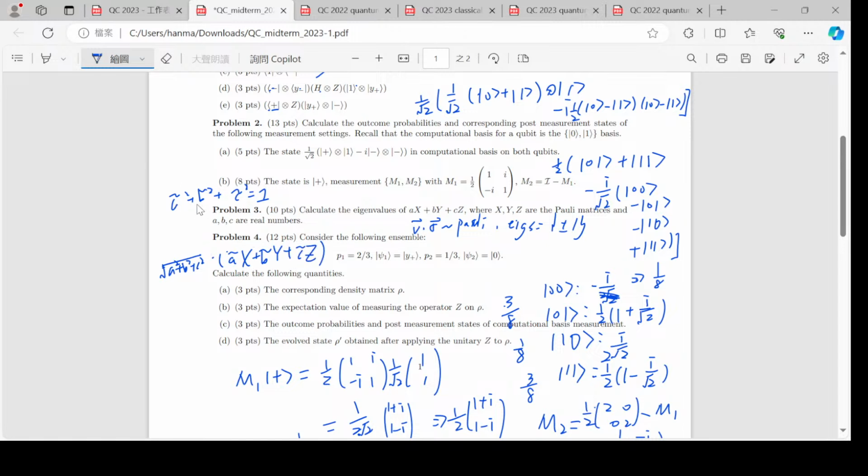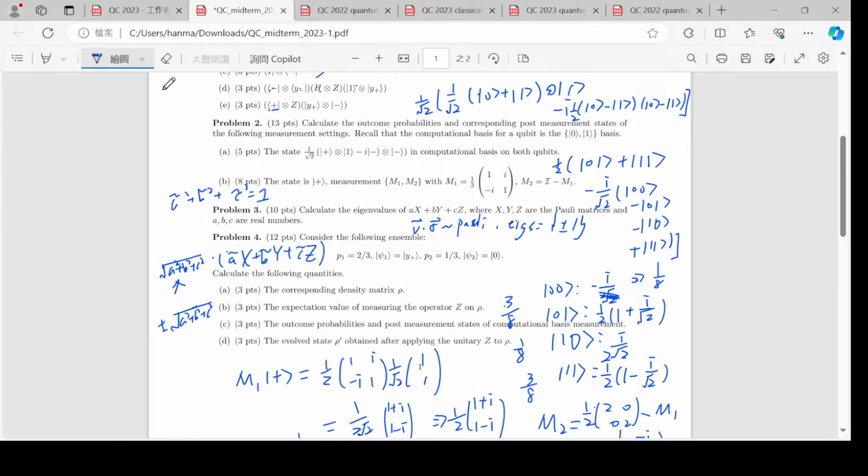Right? And so you know this part is just a number. This part has eigenvalue plus minus 1. So the total eigenvalue is plus minus this thing. Okay. So the total eigenvalue is plus minus the square root of a squared plus b squared plus c squared. Okay. So that's how you can calculate this very fast on problem 3.